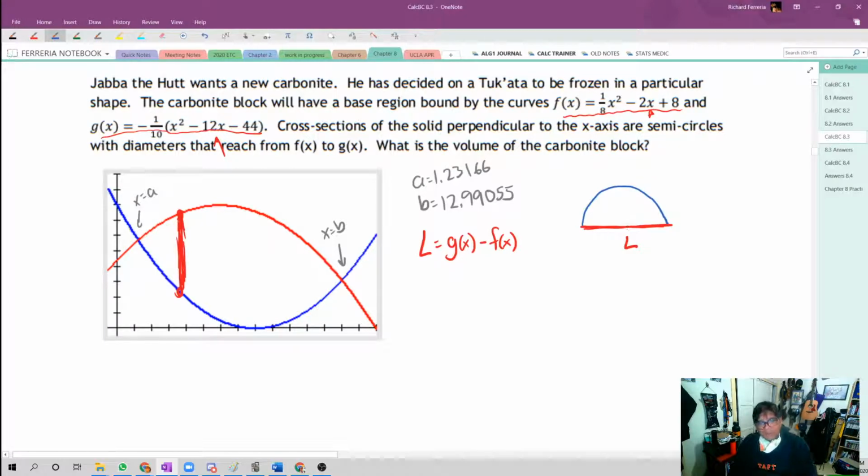Now, in terms of L, the area of a semicircle is equal to 1/2 pi r squared. L happens to be the diameter here, so I have to do L over 2 if I want the radius. So area is equal to 1/2 of L over 2 squared.